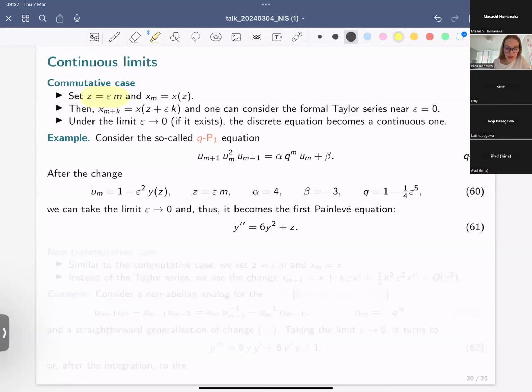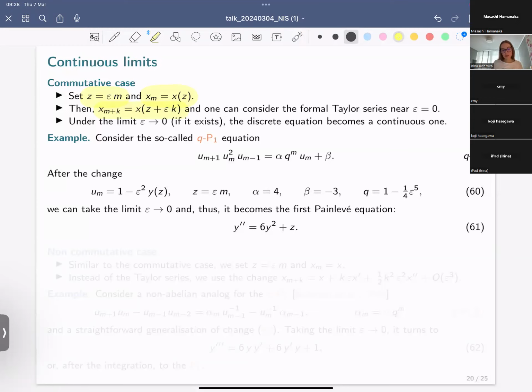It is given by m multiplied by a small parameter epsilon. And let us define a function x that depends on z by this formula. Then if we shift the index m, we shift the argument of our function x as given here.